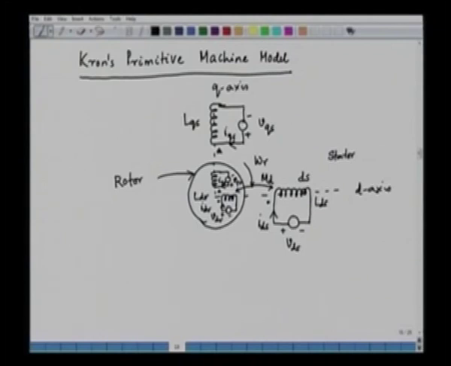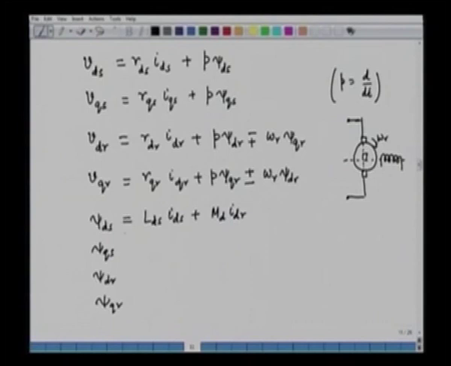Self inductance of the q axis rotor is LQR, and the mutual between the q axis stator and q axis rotor is MQ. So, psi ds is produced due to the current in the d axis stator and the current in the d axis rotor, and hence we can write down psi ds is equal to LDS IDS plus MD into IDR.